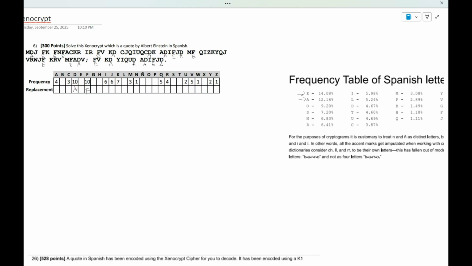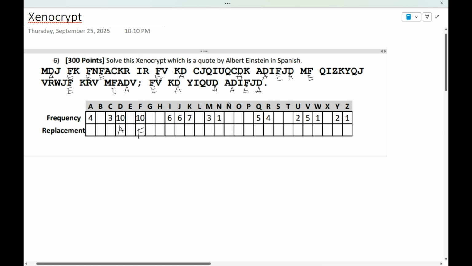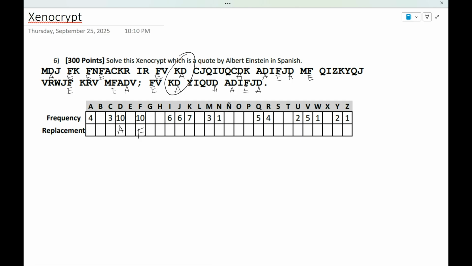Now, let's keep going. Let's take a look at some of the letters that we filled in. So we see that there are two words ending with an A right over here. They have the same letter in them, which is K. And so the most obvious word that you can think of that ends with A is probably going to be "la".